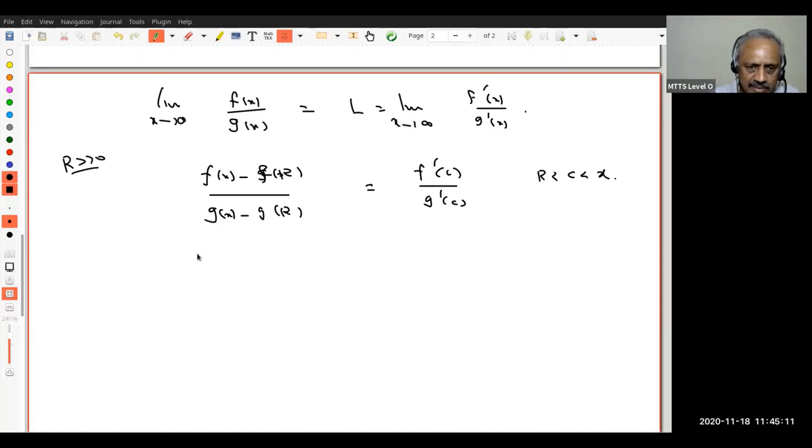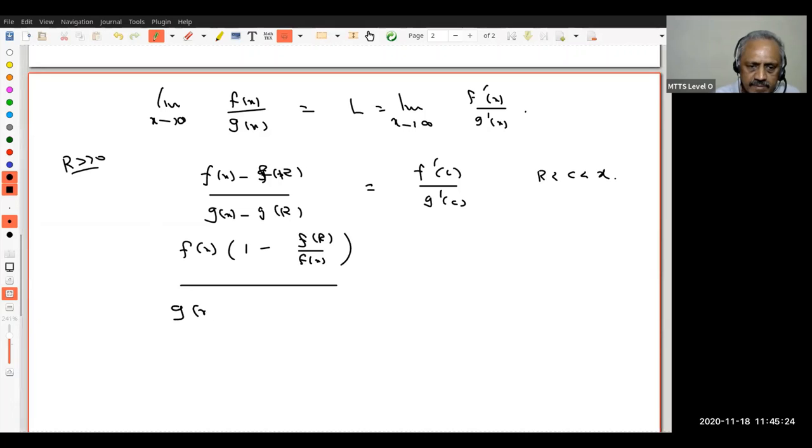That is very easy, just a manipulation of symbols. So I write 1 minus f(r) by f(x) over 1 minus g(r) by g(x). Again, don't worry. If I want to divide by f(x), it should be non-zero, but that can be arranged.